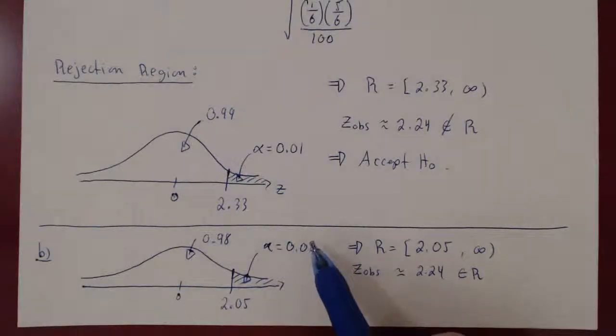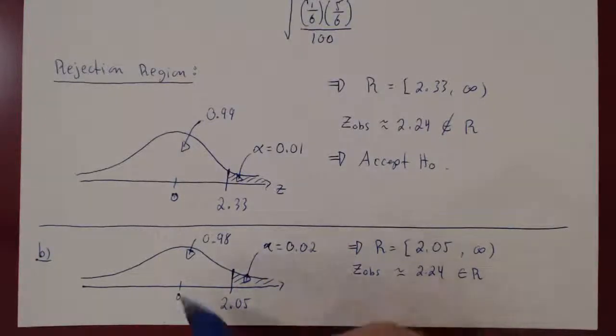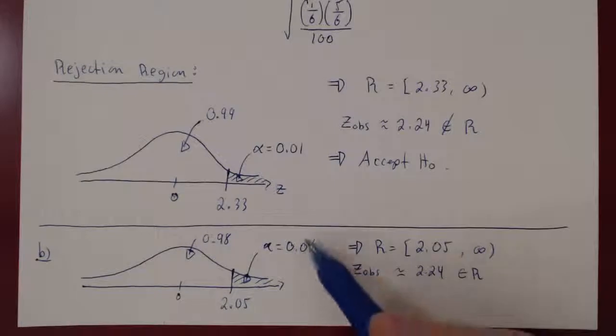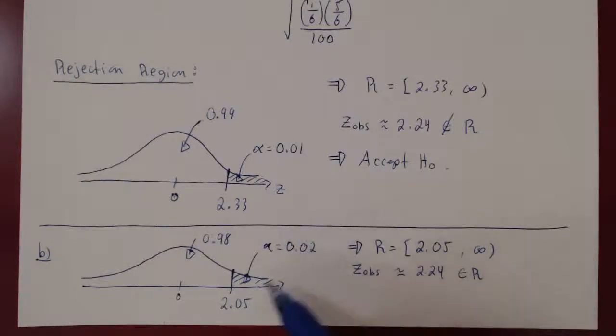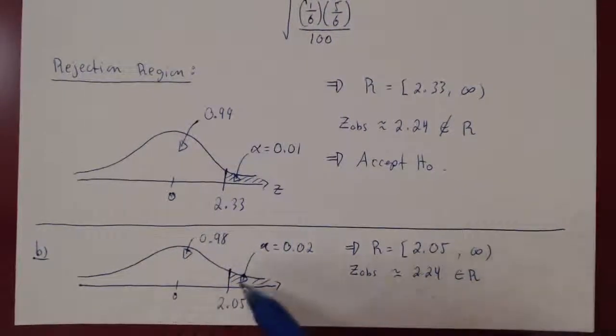So if you take a random sample under the assumption of H0 that your friend is not clairvoyant, the probability of observing a z value in the interval from 2.05 to infinity is 2% or less. So these are really unlikely values. And what we have observed, again under the assumption that your friend is not clairvoyant, is a value inside this interval.